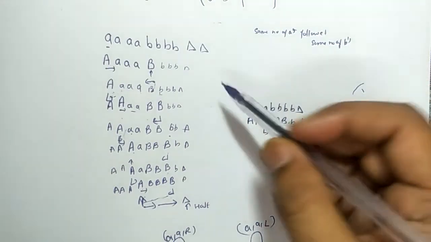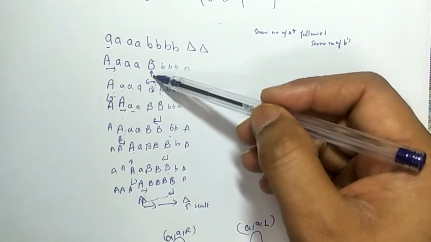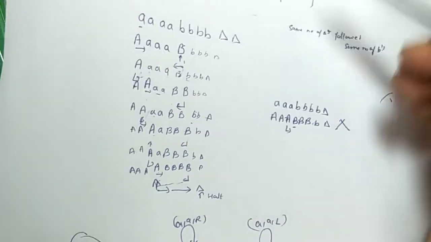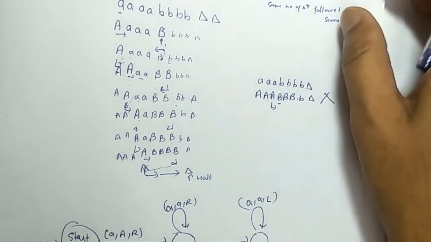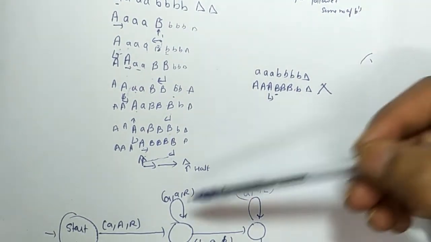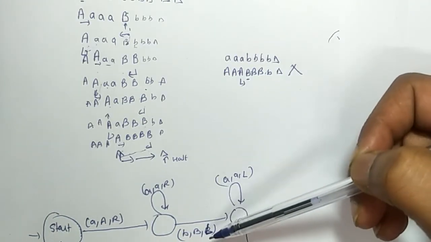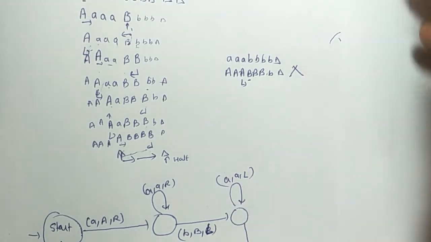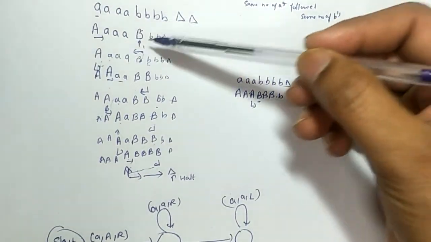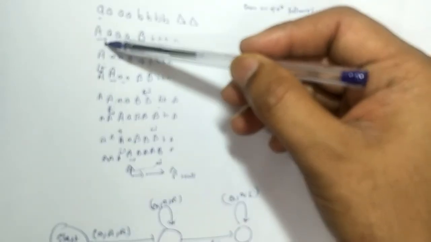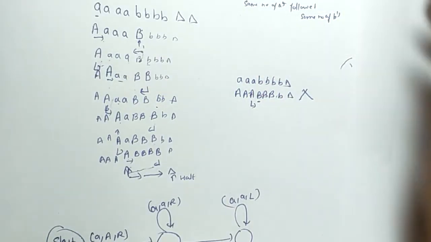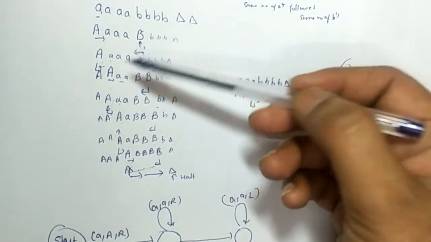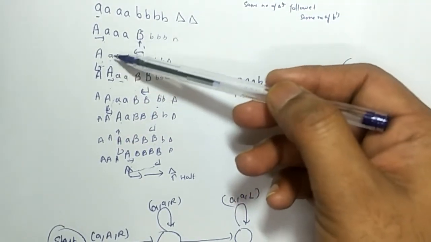So here you change this small b to capital B. Moving to the left, you change small b to capital B, and then moving to the left you can find more small a's, then you will find a capital A, and in the right of this capital A you will find another small a, so that you can repeat the procedure from this place again.